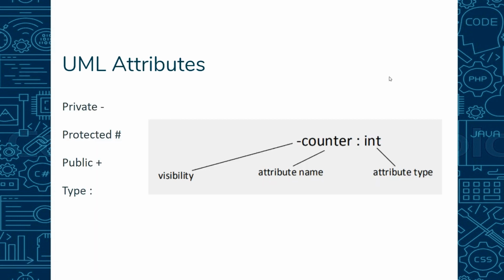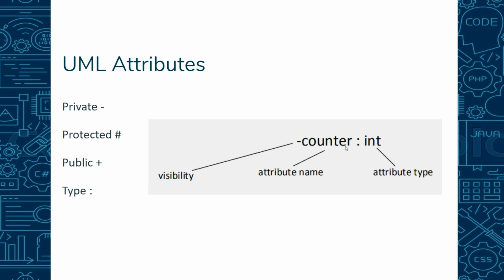Now each of the lines inside your class diagram has a little symbol before it. If you have a minus sign, that means it's private. A hashtag means protected. We haven't talked much about protected up until this point, but we're going to show you a bit more. Then the plus sign means it's public. So in this case, this is a private variable.